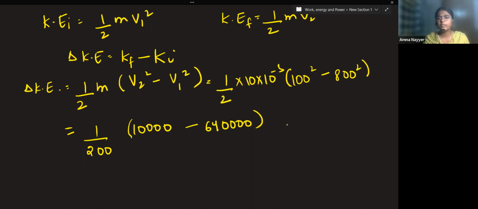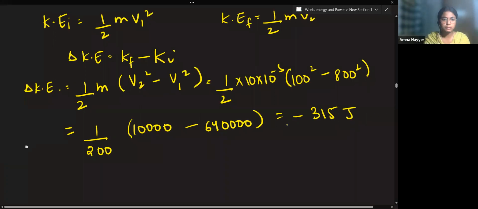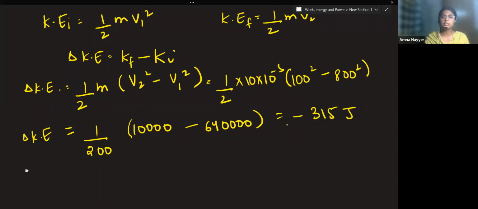Now, when you solve it, you'll get your answer around minus 315 joules. Just solve and check. This becomes the change in the kinetic energy.